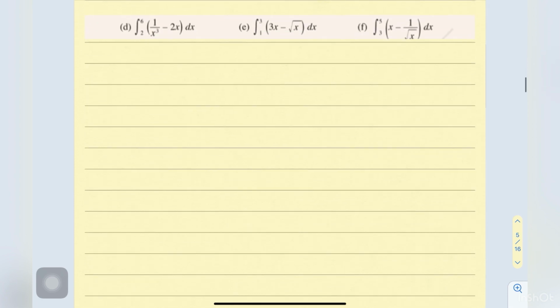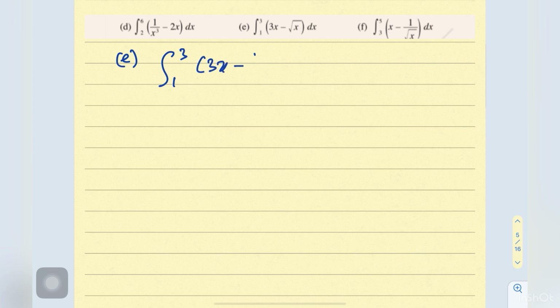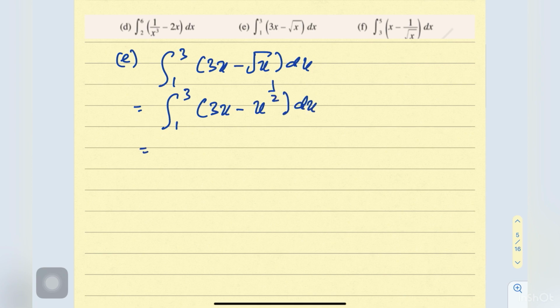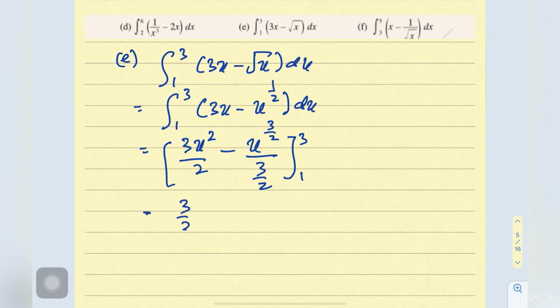Okay, E, integrate from 1 to 3, 3x minus square root x dx. Square root is power of half, so 3x minus x to the power of 1 over 2 dx. So integrate: 3x squared over 2 minus x to the power of 1 over 2 plus 1, over 3 over 2, from 1 to 3. Here we substitute. This one we simplify first.